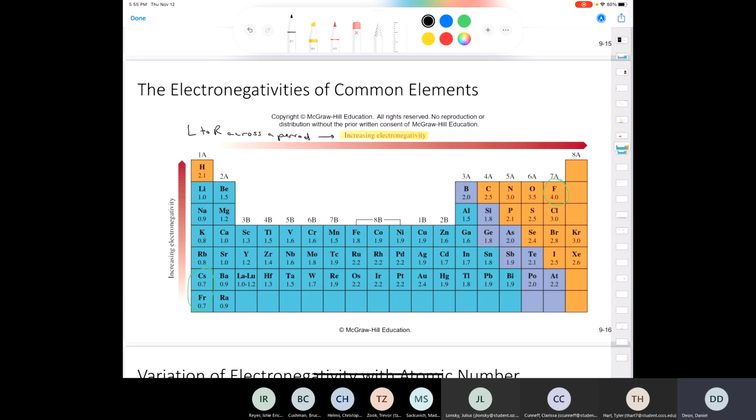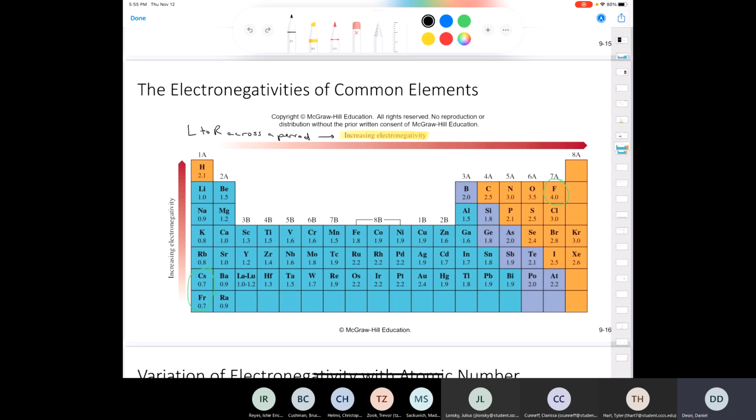What else? Let's look at a group. If you look at group 1A, generally speaking, if you start at lithium and you go down, you see that electronegativity decreases. If you look at another example, let's say group 5A, you see that generally speaking, going down the group, electronegativity decreases.